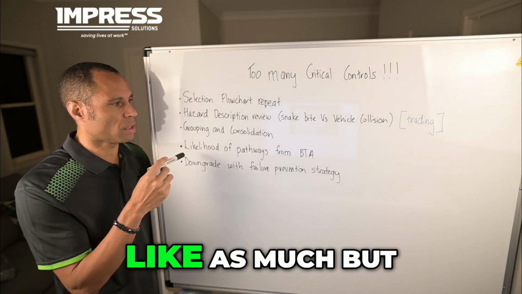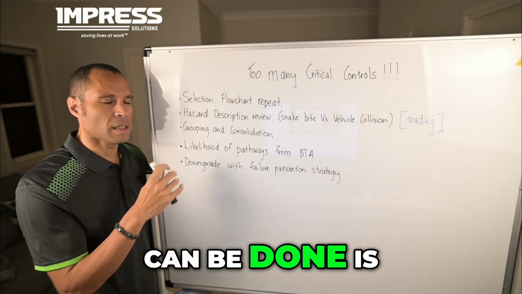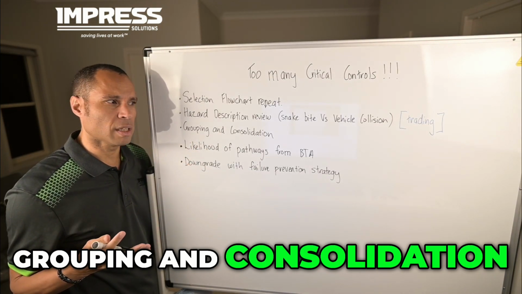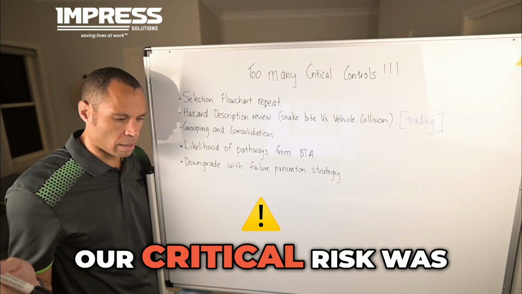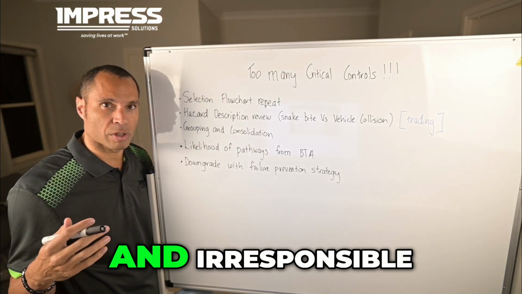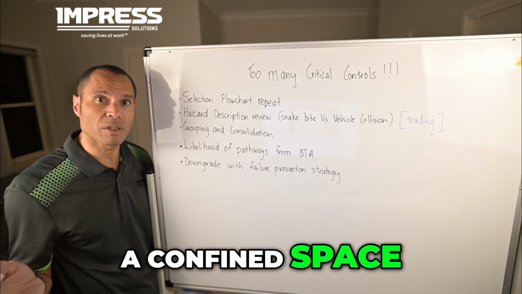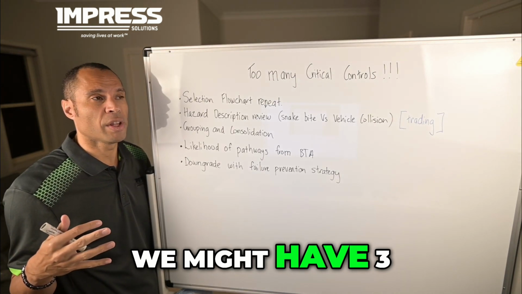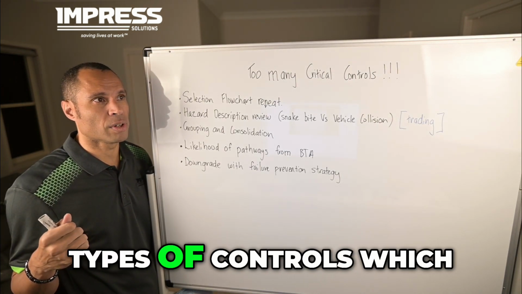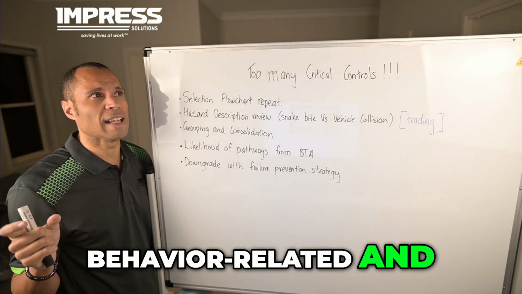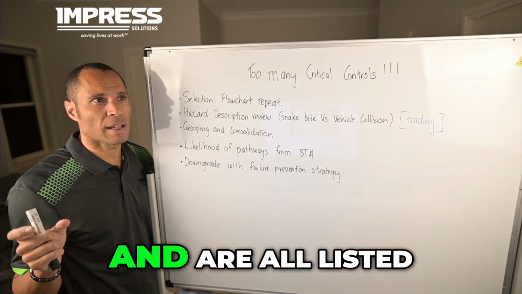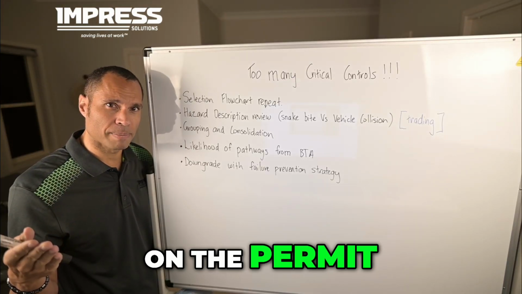One that I don't like as much, but can be done, is grouping and consolidation. So let's say, for example, our critical risk was exposure to toxic and irrespirable atmosphere in a confined space. We might have 3 types of controls which are all sort of behaviour related and are all listed on the permit.